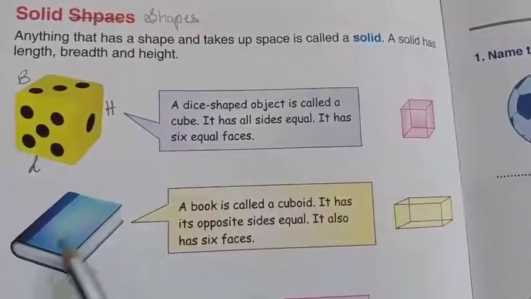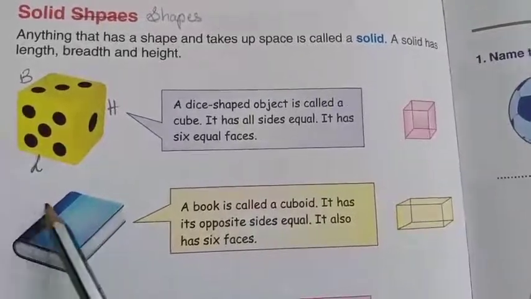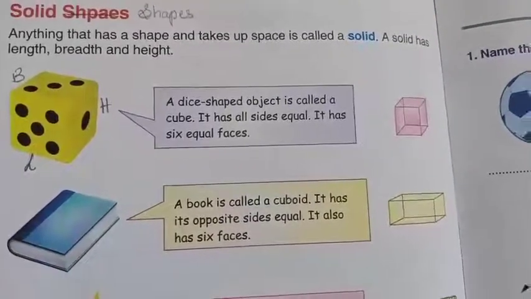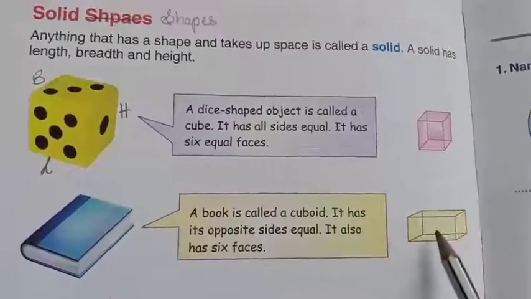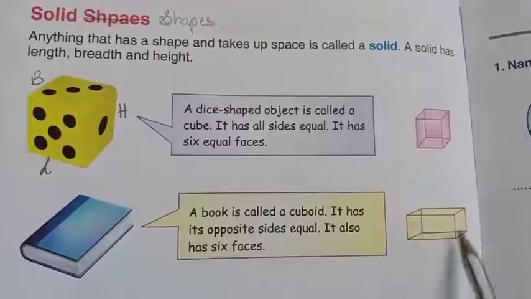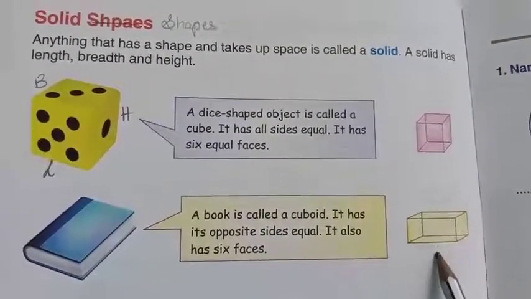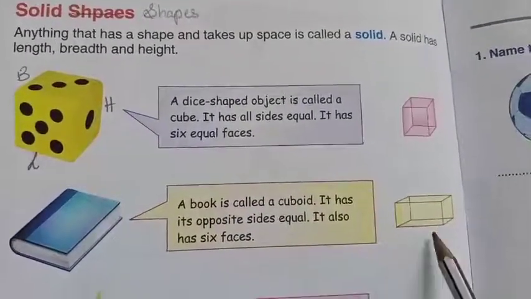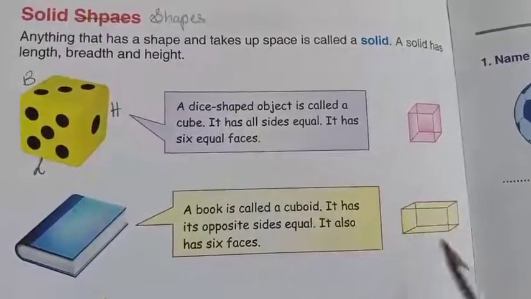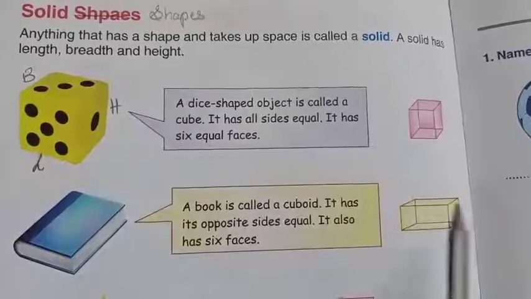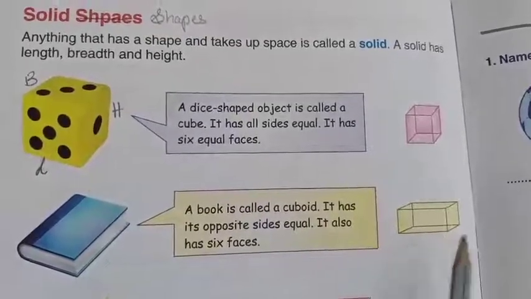Only opposite sides are equal. So it has 6 faces. Here front, back, these 2 sides, that is 4, 5 up and down 6. So it has 6 faces and only the opposite sides are equal. So which solid is it, children? Cuboid.